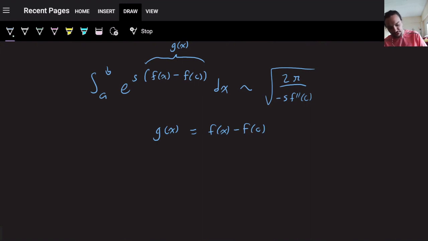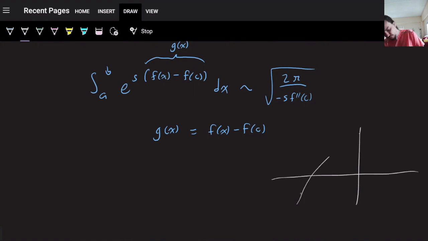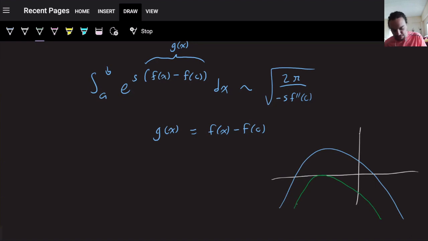So f of x was some function like this, maybe. And then I've just defined a new function g of x. This is not what I want. Hang on. f of x is some function like this. g of x is some function where I've just shifted it, so now the global max is at 0.